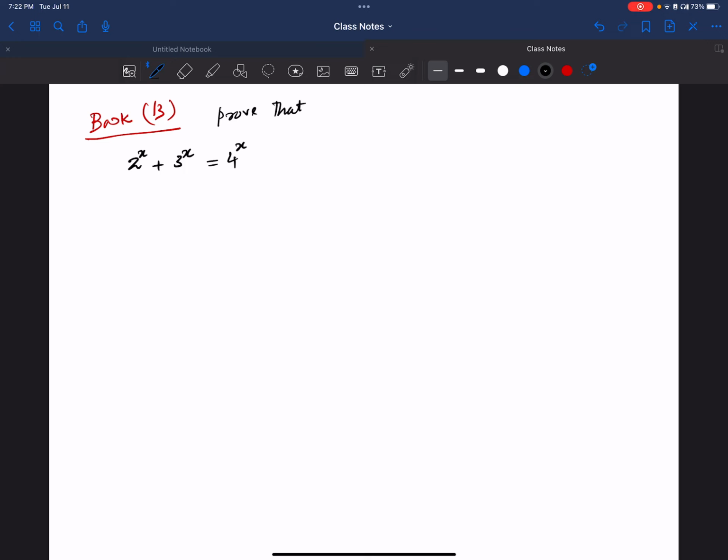It's the same thing. So what we need to do is take f of x equals 2 to the power x plus 3 to the power x minus 4 to the power x, and show it has a 0 somewhere on the x-axis.